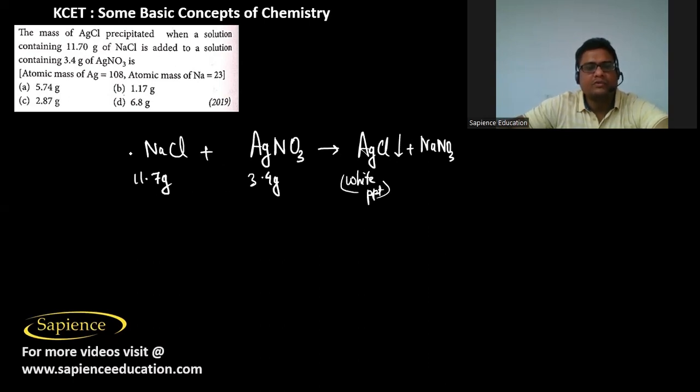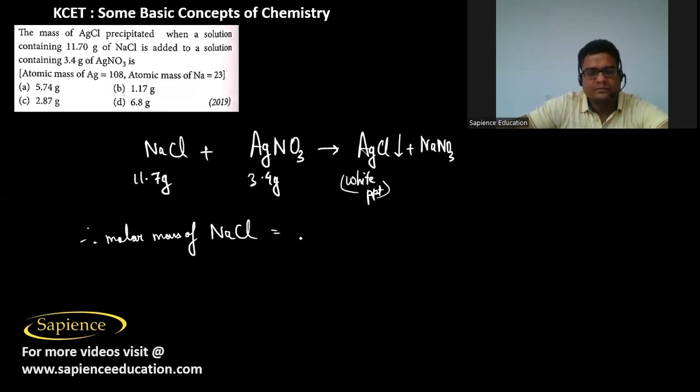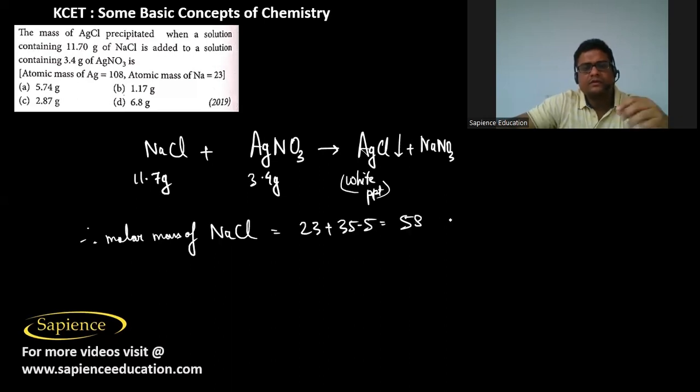Here 1 mole of NaCl will react with 1 mole of AgNO3. Now the molar mass of NaCl is 23 plus 35.5, that is equal to 58.5 gram.